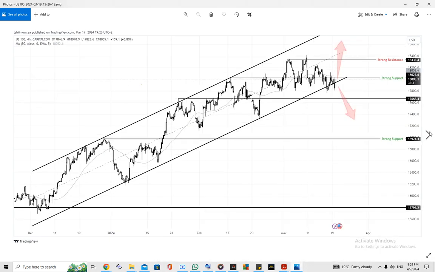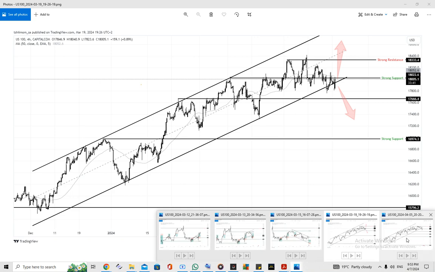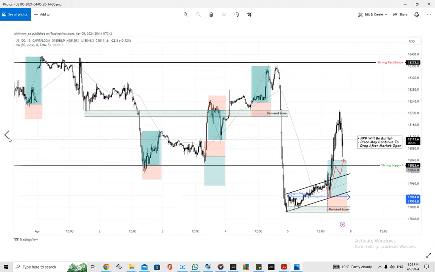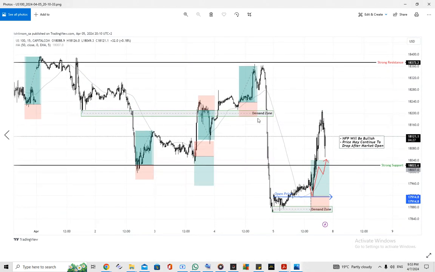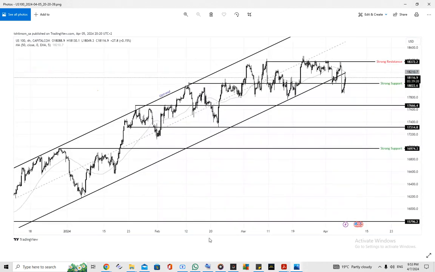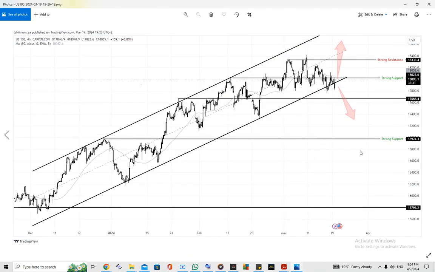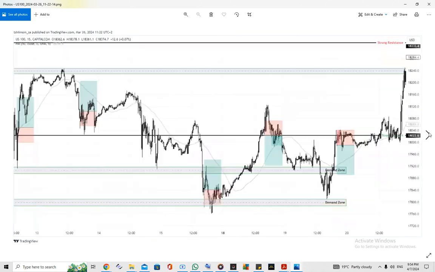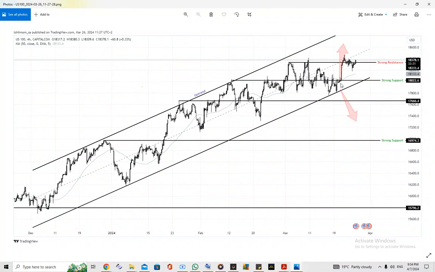Let me just find the screenshot. Yeah, so this prediction occurred, and the market did respect the channel. So the market stayed in this uptrend channel and went to the upside.